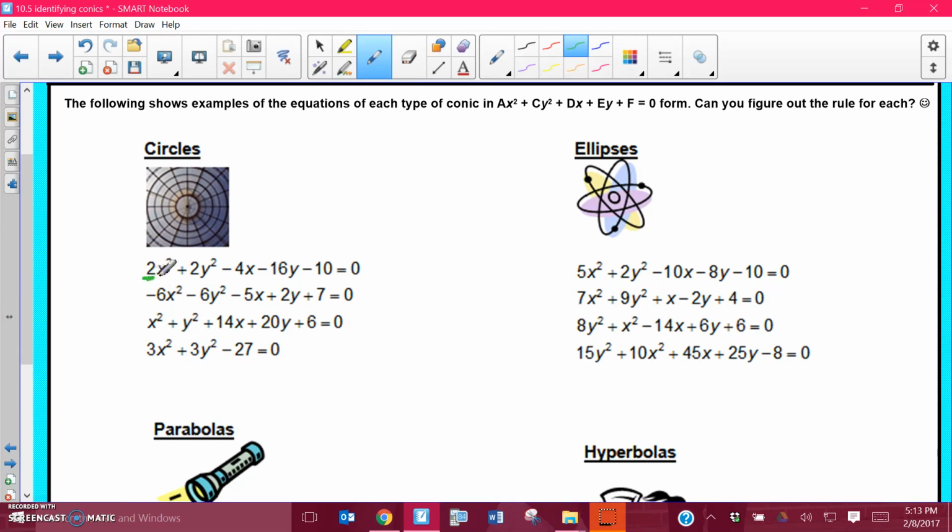And then I noticed that the coefficients of both the x squared and the y squared are exactly the same number, and that's what makes it a circle. Whereas if I look at the ellipses, they both have the x squared and the y squared in them. However, the numbers in front of that x squared and those y squared are different. They're different, but they're both positive.